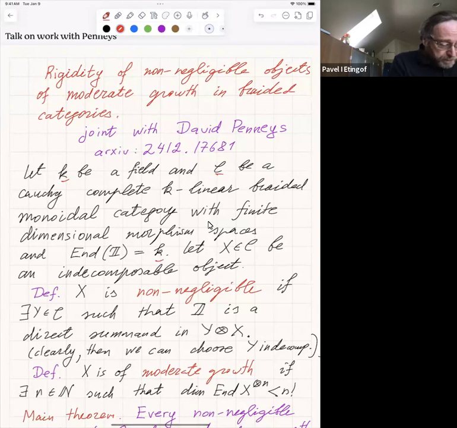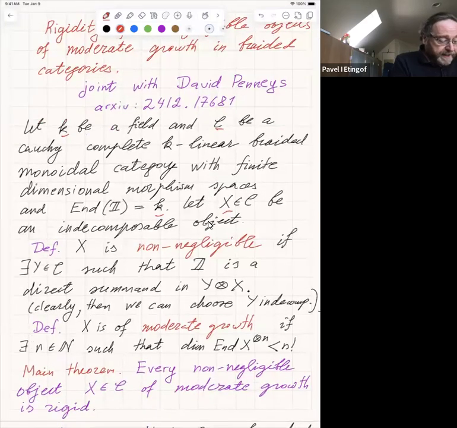And so I want to make the following definition. Suppose X is an indecomposable object in this category. Then we will say that X is non-negligible if there exists a Y in the same category such that the unit is contained as a direct summand in Y tensor X. And it's clear that we can choose Y indecomposable.